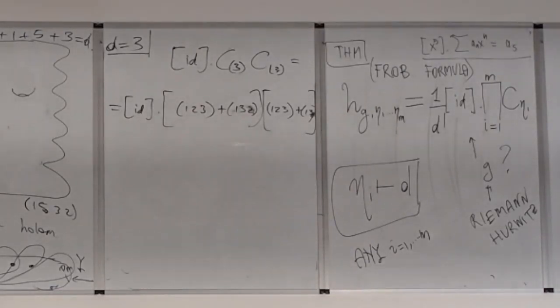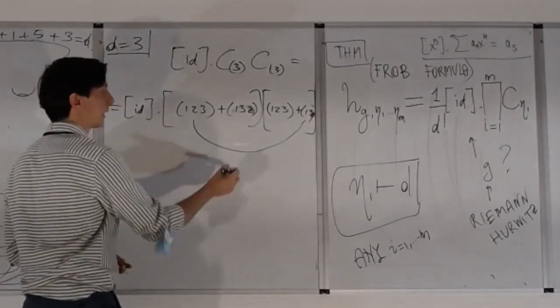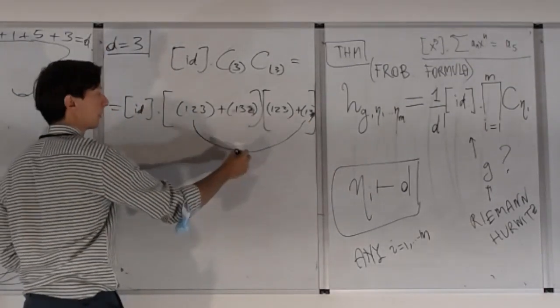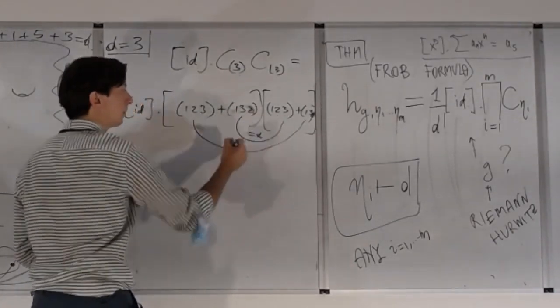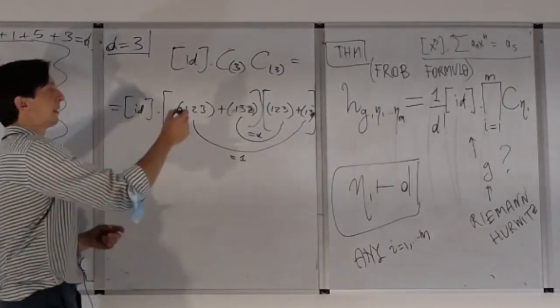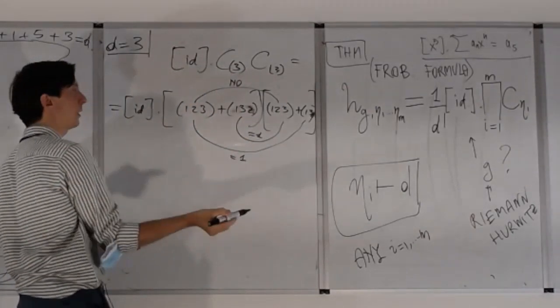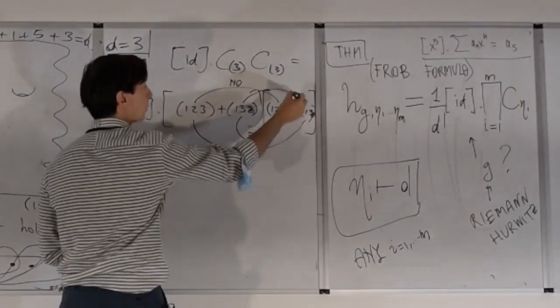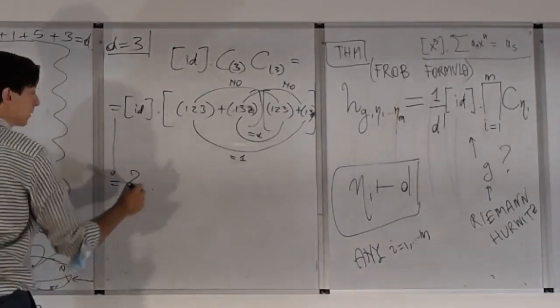Yeah. So if I take this one times this one, that gives me the identity, right? And if I take this one times this one, I also get the identity because they are just inverses of each other. But if I take the mixed ones, no, I don't get the identity. So I have 2.